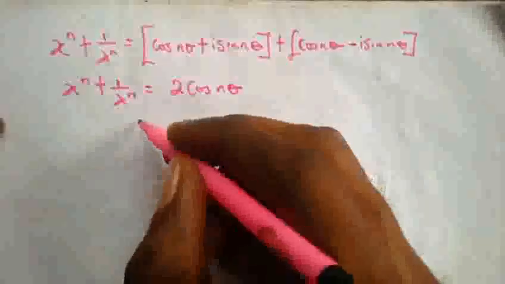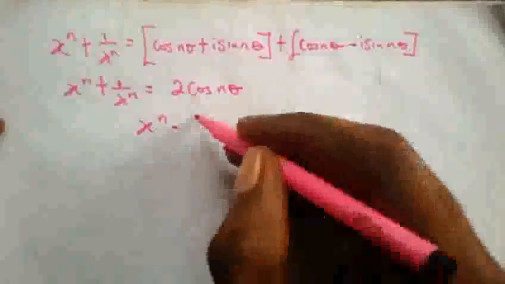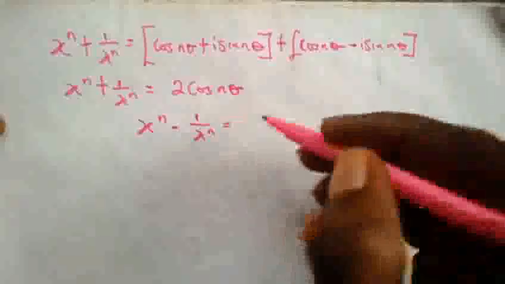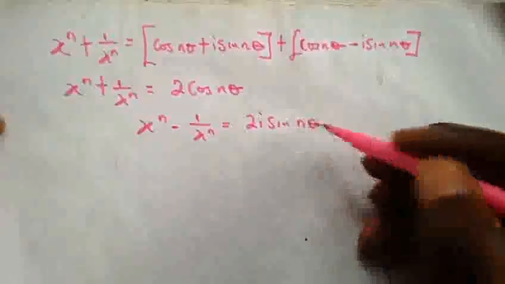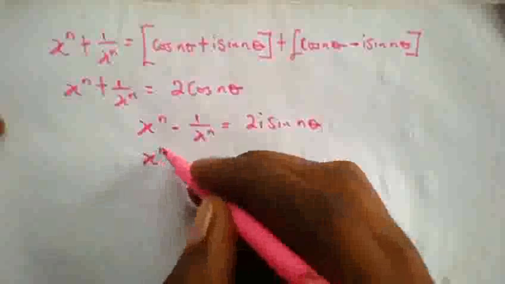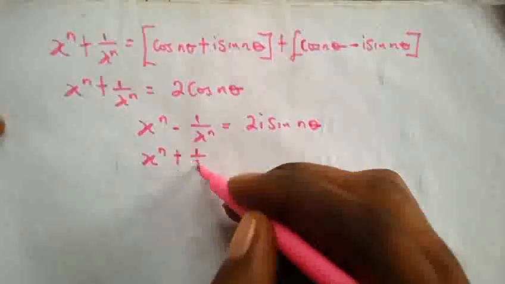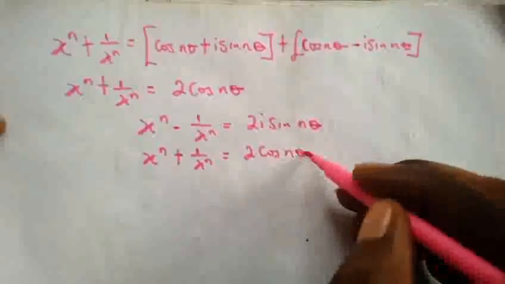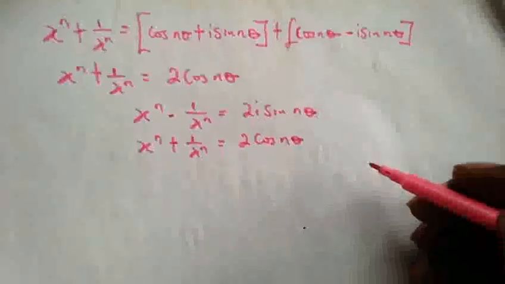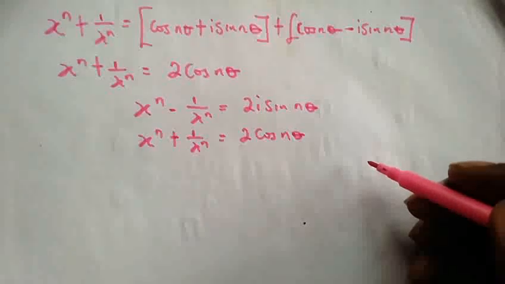So we have that x raised to n minus 1 over x raised to n is equal to 2i sine n theta, and again x raised to n plus 1 over x raised to n is equal to 2 cos n theta.